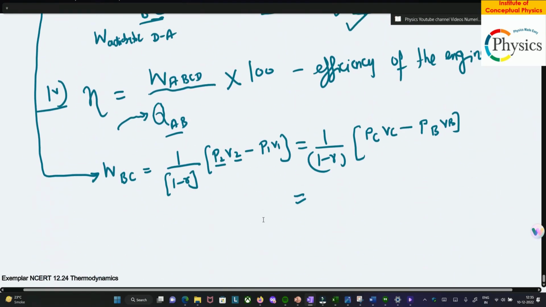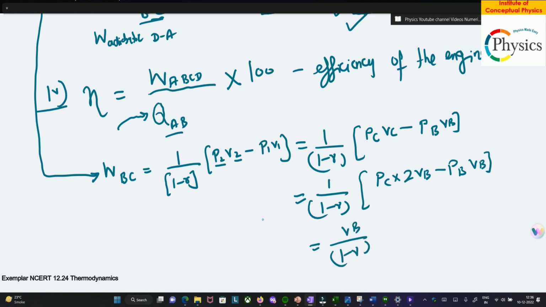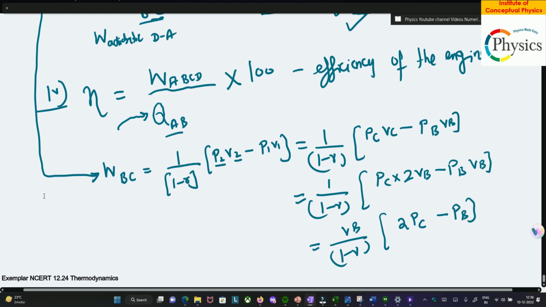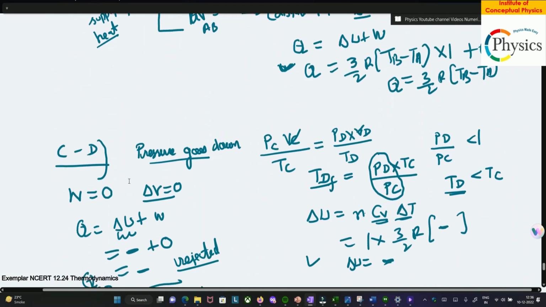So let me write here 1 upon 1 minus gamma times PC into 2VB minus PB VB. Okay. And so I can take VB outside, VB divided by 1 minus gamma. What is left inside is 2PC minus PB. This is what we are left with. But we do not want the answers in C, right? We don't want any answer in C. So how do we get rid of this?